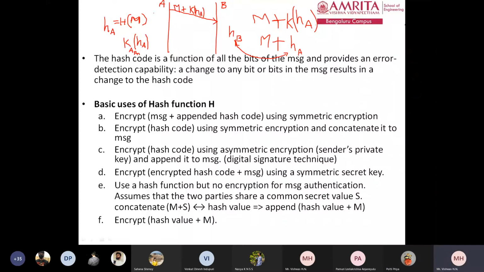Because when A encrypts something using its public key, nobody else can decrypt it, and anybody can use A's public key to encrypt any data. Is that clear? Only A can decrypt it. Nobody else can decrypt it. That we will use for confidentiality. I will come back to that later.